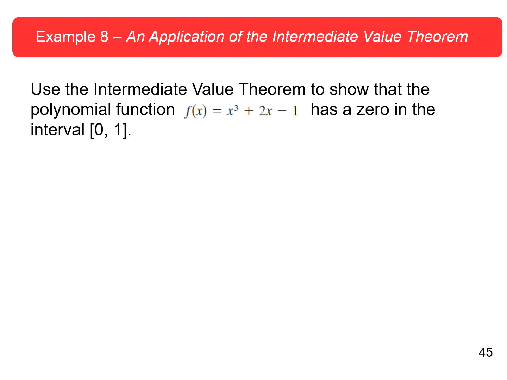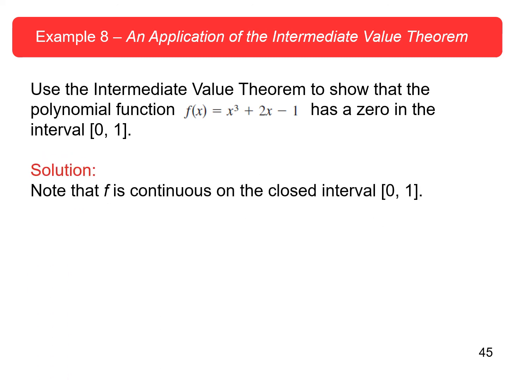To illustrate, we will use the intermediate value theorem to show that the polynomial function f of x equals x cubed plus 2x minus 1 has a zero in the interval [0, 1].